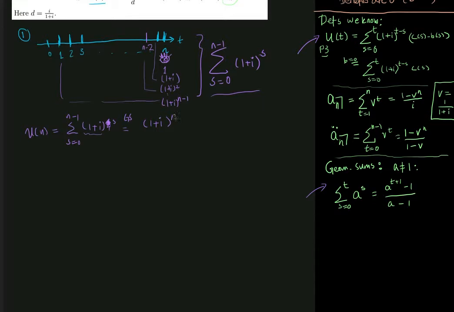So it's 1 plus i to the n minus 1 plus 1, minus 1, divided by 1 plus i minus 1. Oh sorry, I had n minus 1 plus 1, so actually it should just be to the nth, right? Okay, great. Then what I have left is 1 plus i to the n, minus 1, divided by i.